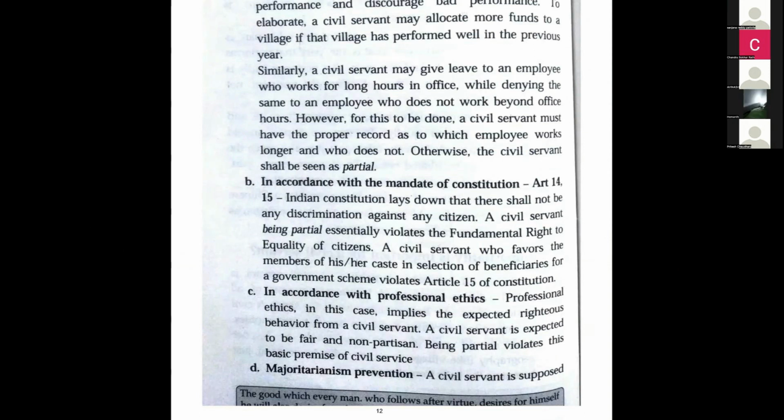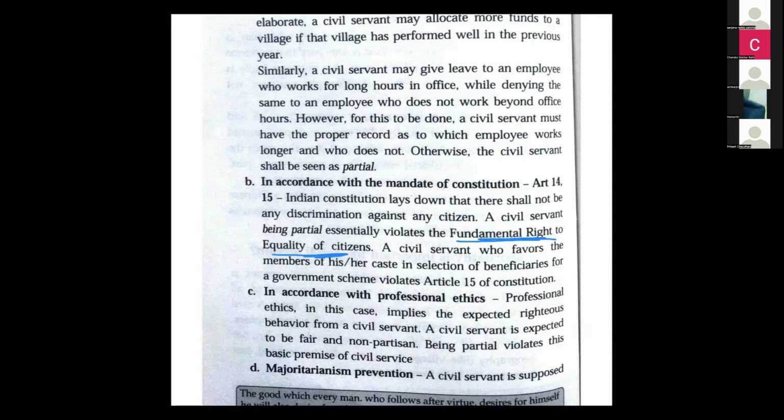A civil servant being partial essentially violates this. अगर आप partial करते हो ना, you are violating the fundamental right to equality of citizens. A civil servant who favors the members of his or her caste, जैसे कि वो example मैंने बताया, यहाँ पे लिखा भी है, in selection of beneficiary of a government scheme, violates Article 15. If you are favoring a particular member of your caste, the fundamental right is getting violated.